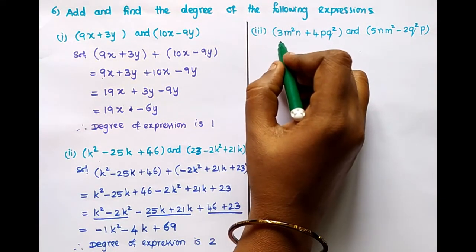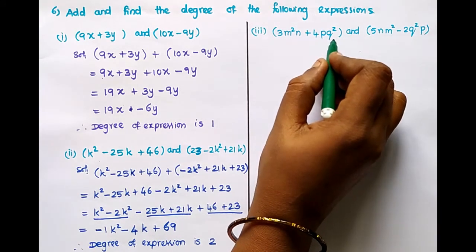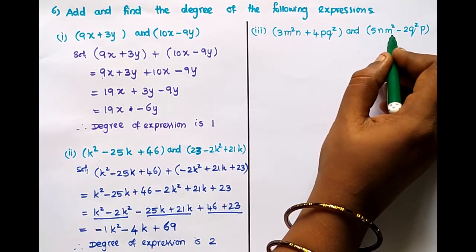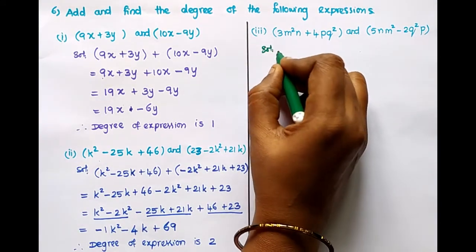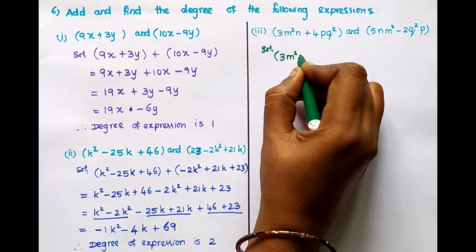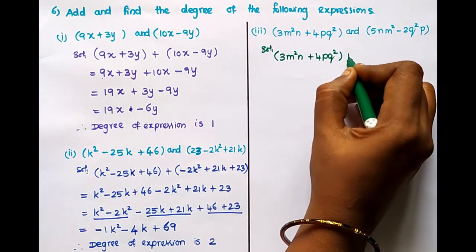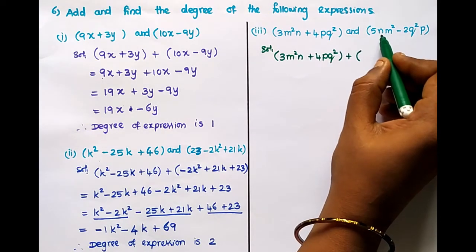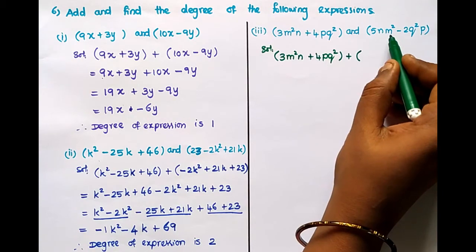Third sum: 3m square n plus 4p q squared, and 5n m squared minus 2q squared p. Listen here, 3m squared n plus 4pq squared plus, listen here, m squared n or nm squared.